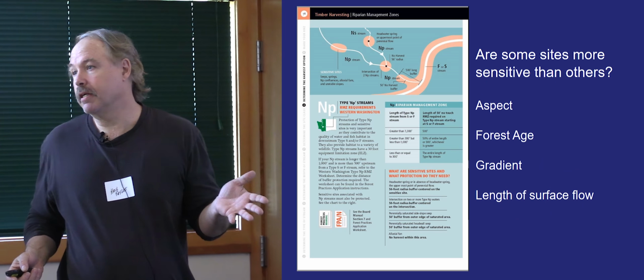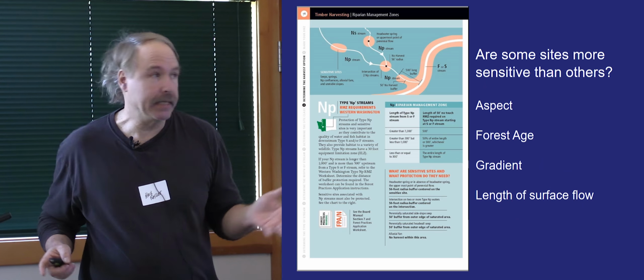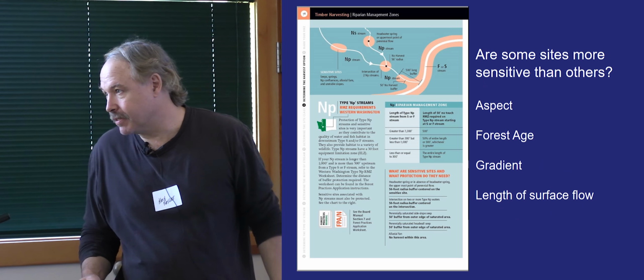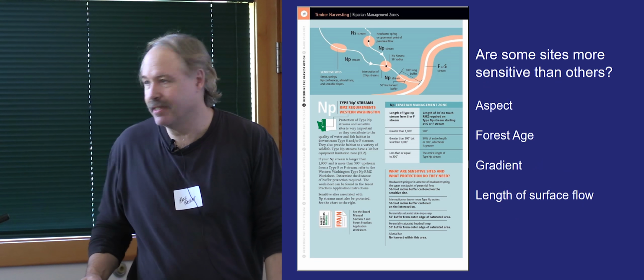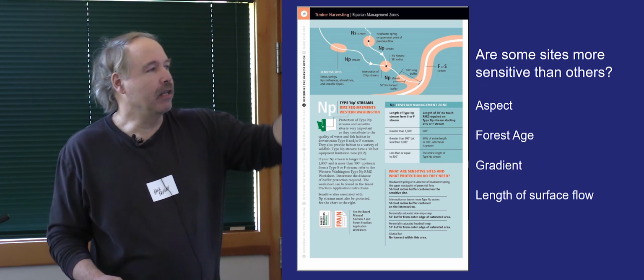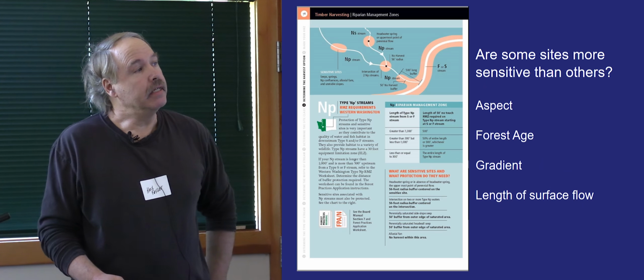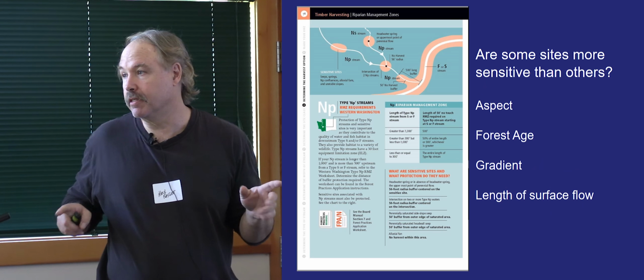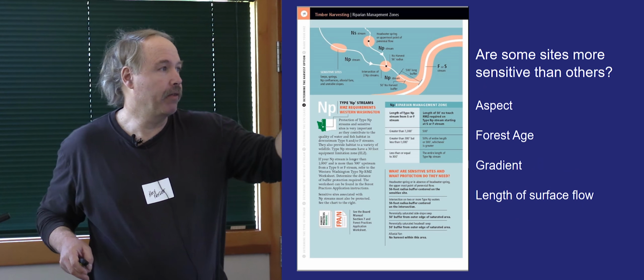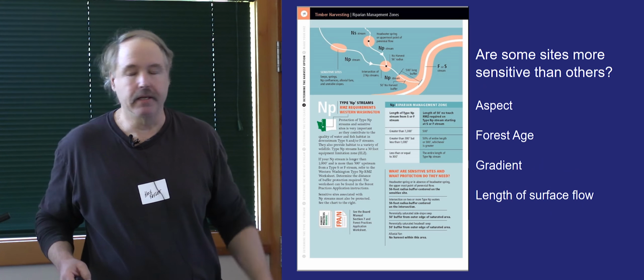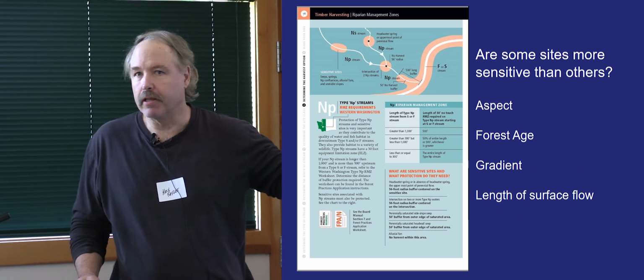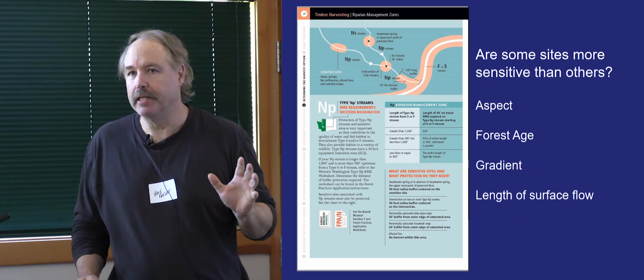So as you guys probably know, the big deal here is with the forest practice requirements for sensitive sites on type N streams. Listed here are some conditions that might influence a site's sensitivities, things like aspect, forest age, gradient. Some recent work that's coming from the Oregon coast will add in geology to this, because geology is a major influence.